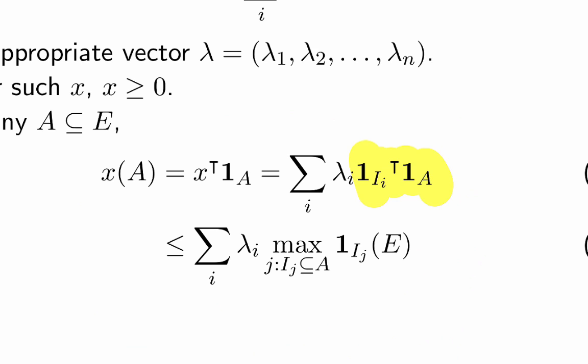And so what we can say is, let's consider all independent sets of the matroid. So J is iterating over all possible independent sets of the matroid, and all of those that are subsets of A. And then it's just the characteristic vector of that independent set summed up.